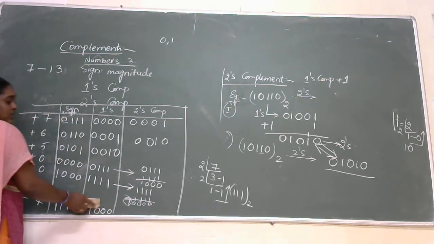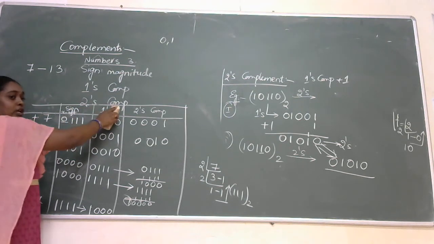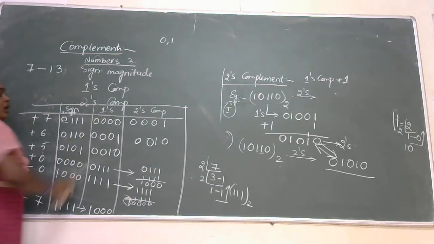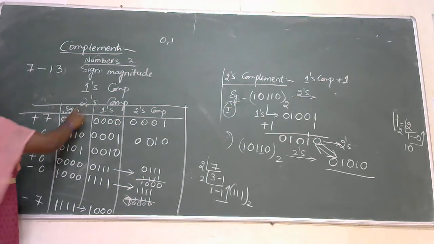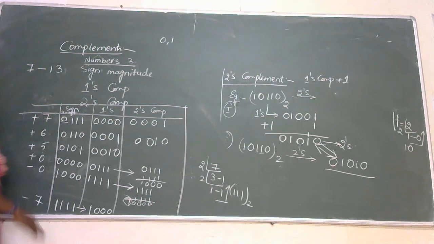That is the reason 2's complement is preferred rather than 1's complement. This is all about how to perform the 1's complement and 2's complement, and why 2's complement is preferred rather than using 1's complement.